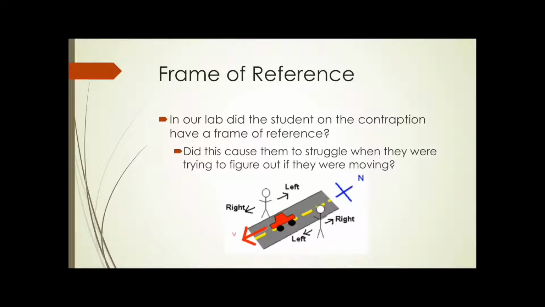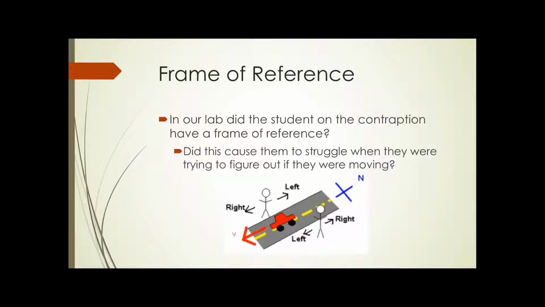So in our lab, the thing we wanted to know was, did you have a frame of reference on your chair? And generally, you should not have. You may have been able to smell certain things that gave you a frame of reference.